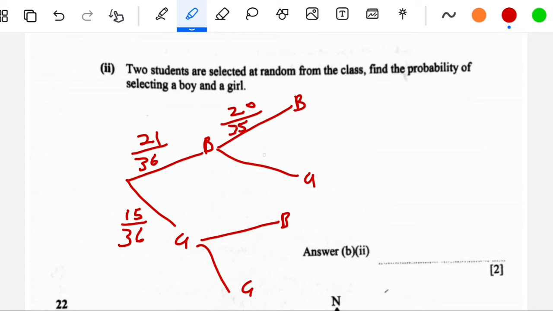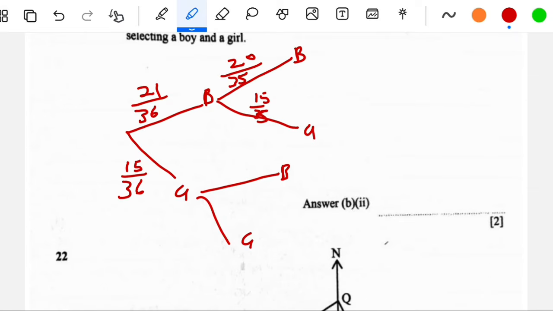Our total is now 35. Then here is going to be 15 over 35. Then here it's going to be what? 21 over 35. Then down here is going to be 14 over 35.